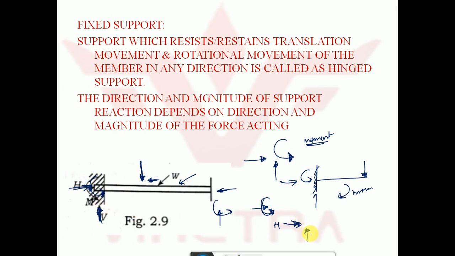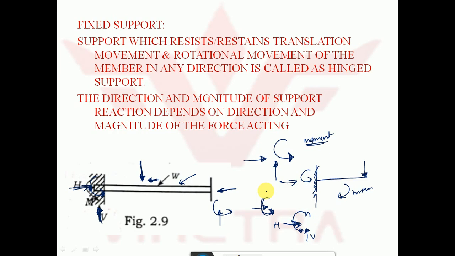This is the vertical restraint. And because of the application of these two, a moment is developed. To resist that moment, a counter moment is developed here. If there is no horizontal movement, no vertical movement, and no rotation, then it is called a fixed support.